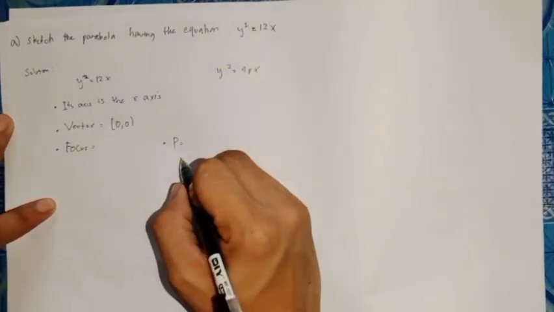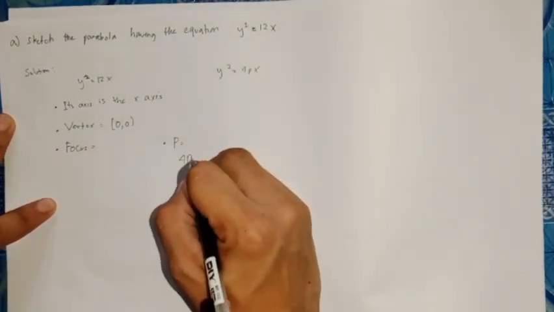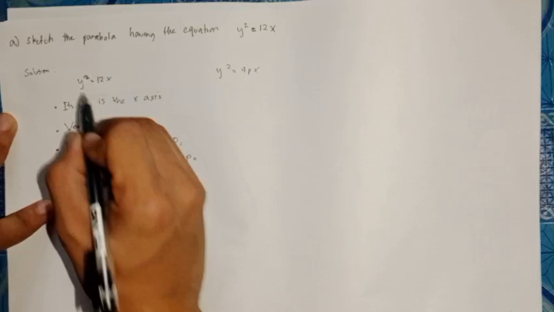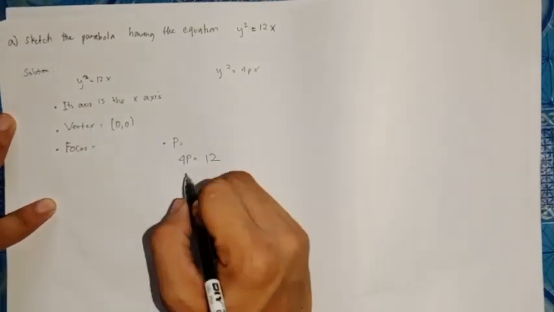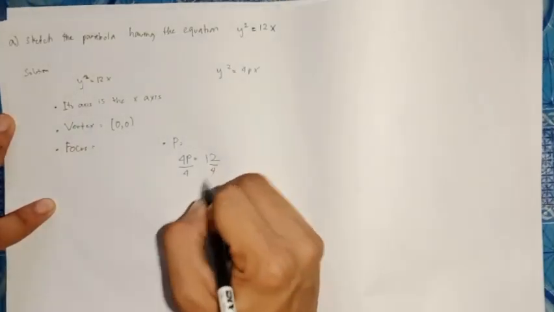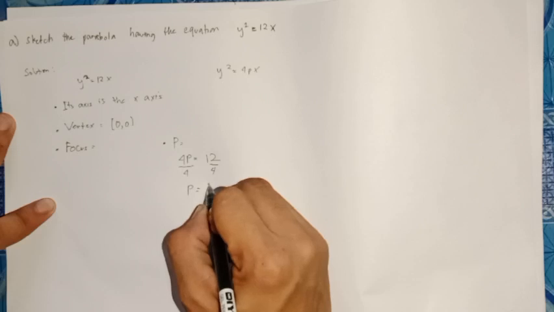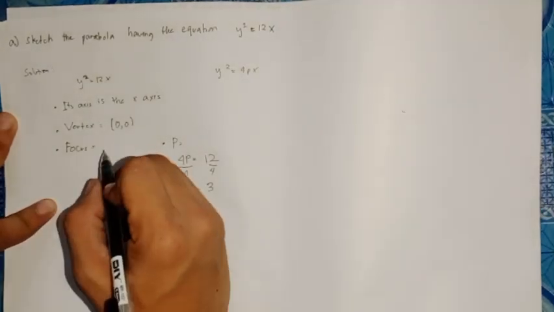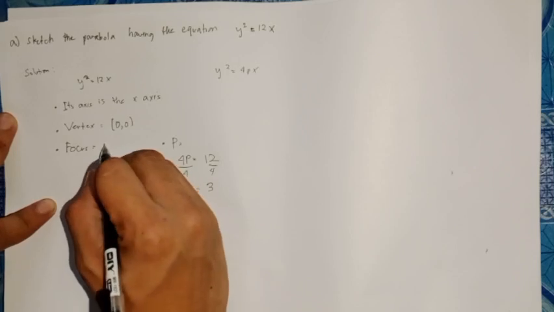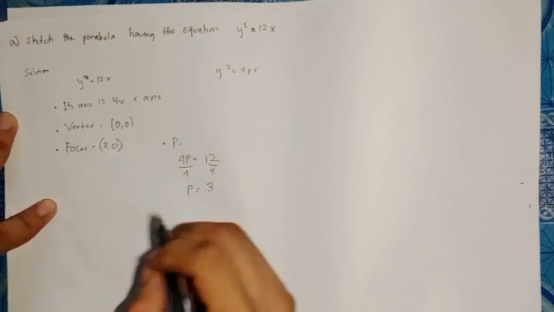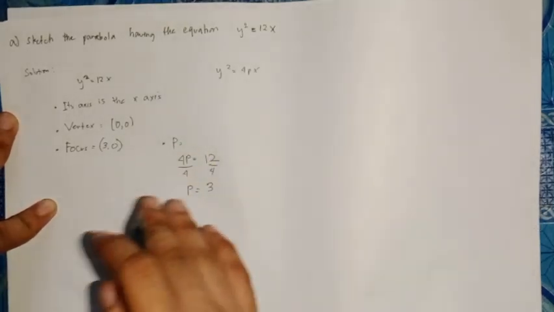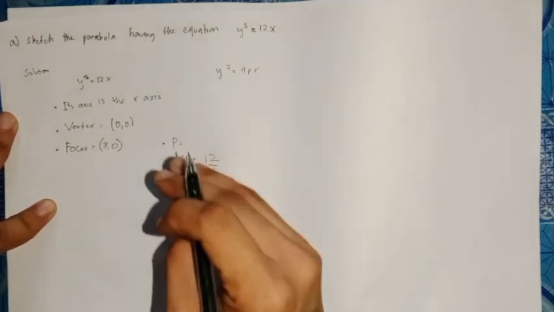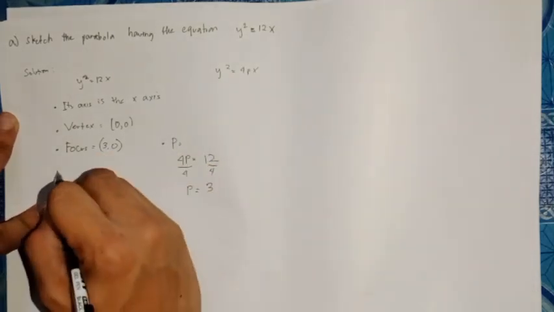Therefore 4p is equal to 12, so 12 divided by 4, p is equal to 3. Therefore, the focus is (3, 0), because the distance p is the distance from the vertex to the focus.